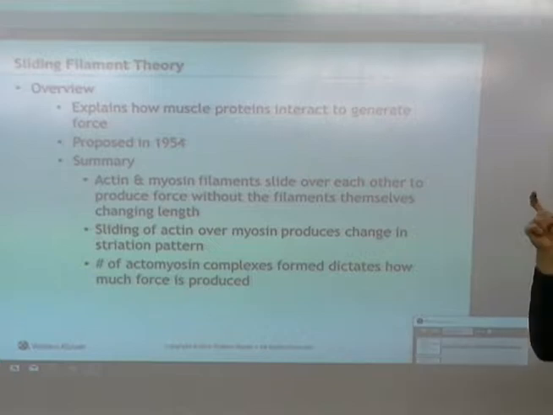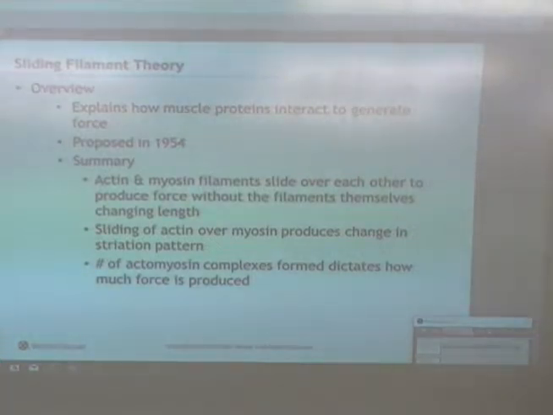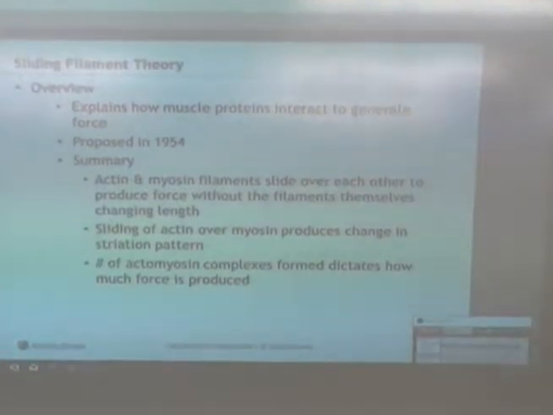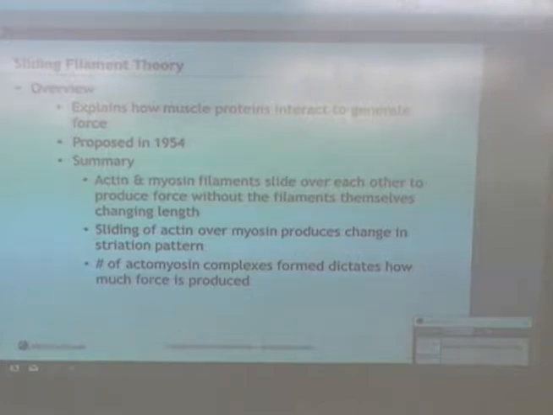So the actual protein filament doesn't change length, but remember that the actin is attached at one end to the Z line, and so as they slide across each other, the sarcomere does shorten. And then the muscle fiber is like a row of sarcomeres, so as they're all shortening, the muscle fiber shortens. Right?